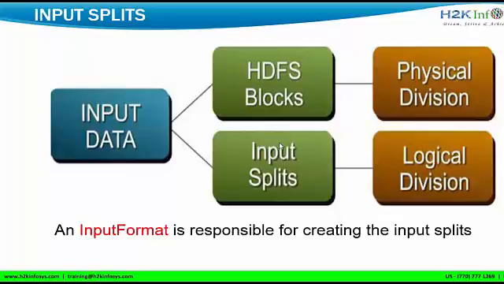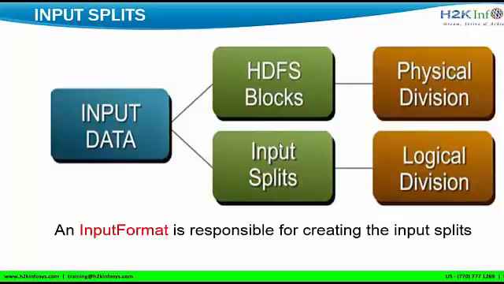A block and a split will almost be of the same size, but if you think in some other way, a block is just a kind of physical division, whereas the input split is a kind of logical division. So there is something called the input format, and this particular input format is responsible for creating the input splits.